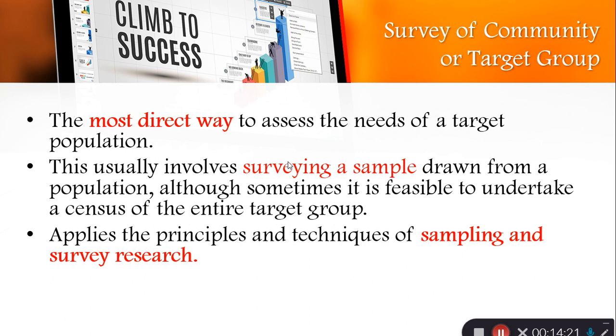Oftentimes when the group is very large, it can be impractical to survey everyone that makes up the target group, so it might involve sampling a group of individuals from the target group that we're seeking to study. In some instances, it might be feasible to undertake a census where we survey the entire group, every single individual that makes up the group. But in the case that doing so is not feasible, then we have the option of sampling as well.